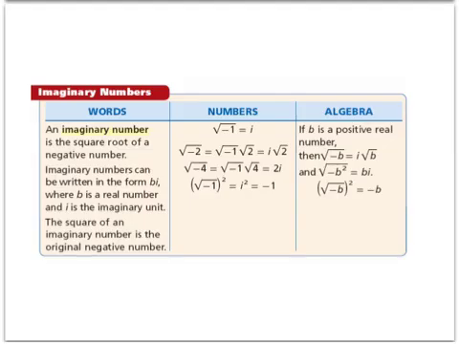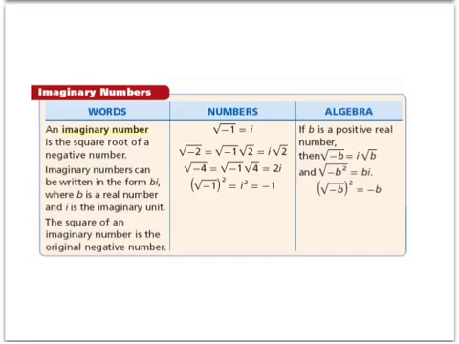All right, this is the exact same thing presented in a different way. An imaginary number is the square root of a negative number. Imaginary numbers can be written in the form bi, where b is a real number, and i is the imaginary unit. i is the square root of negative 1.